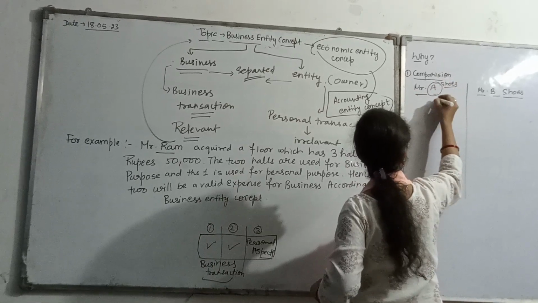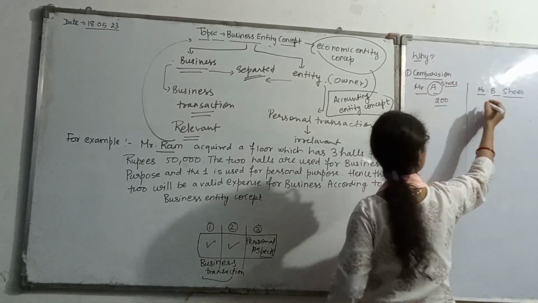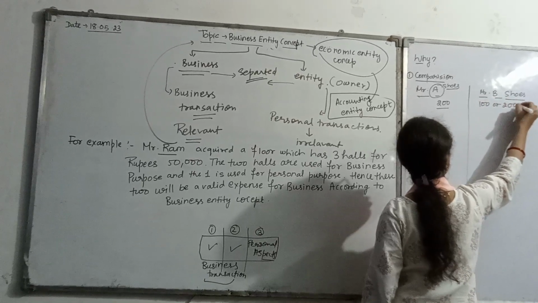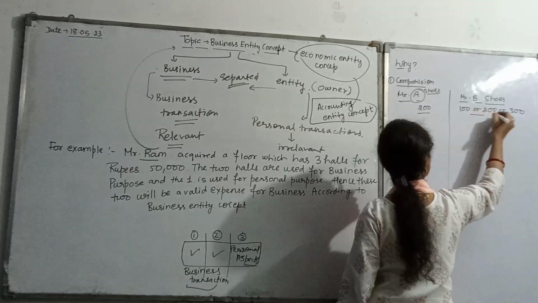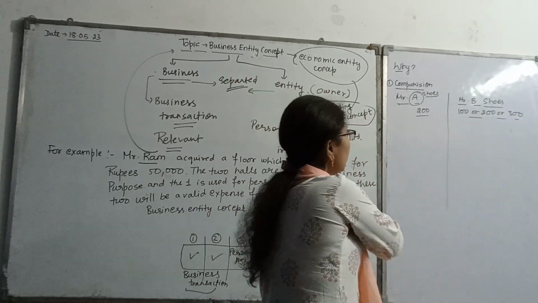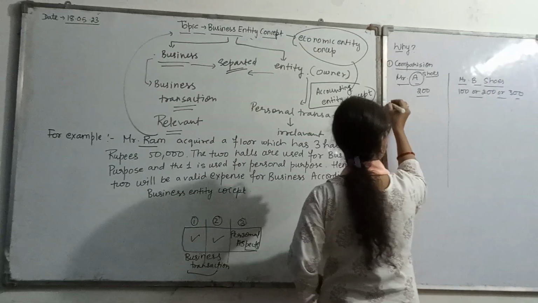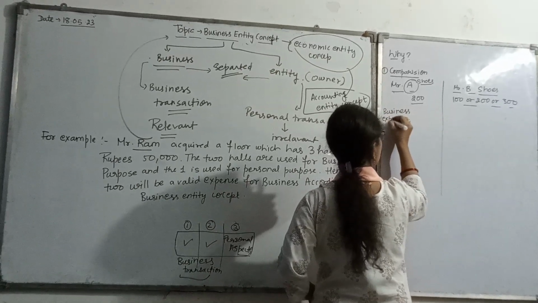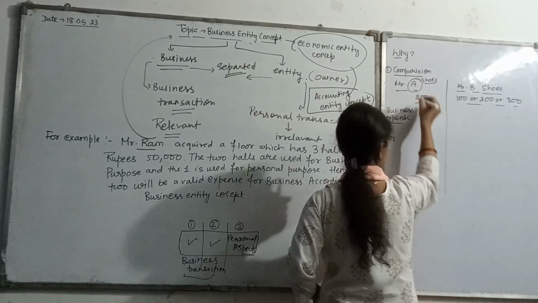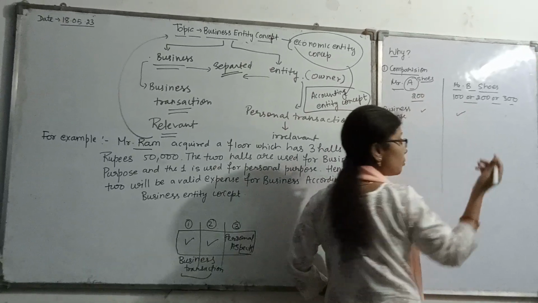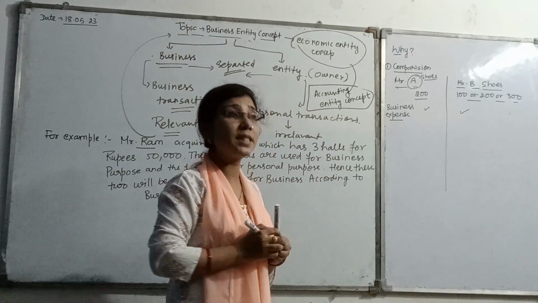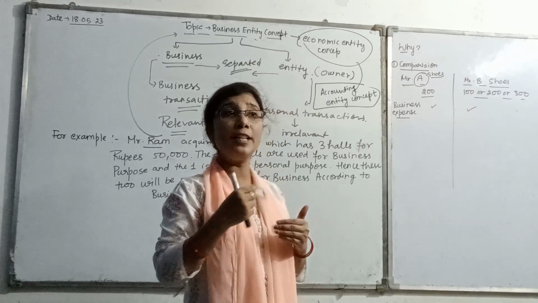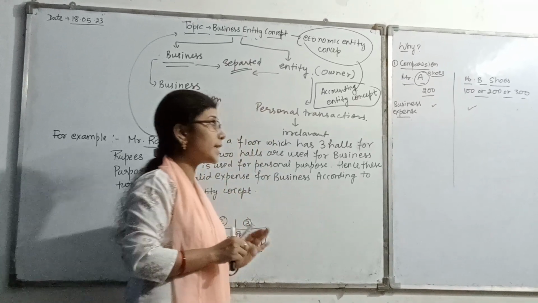Mr. A manufactures 200 shoes and Mr. B manufactures 100, or 200, or 300 as per the requirement of the consumers. Now if you talk about the business expenses, the business expenses of Mr. A are the same as Mr. B's, because the business expenses like raw material and the daily wages of the workers are the same.